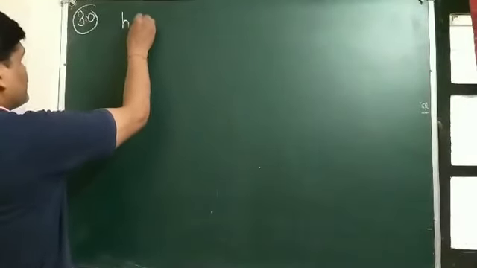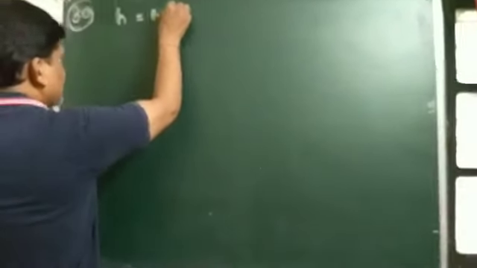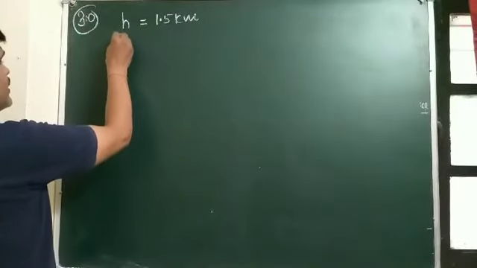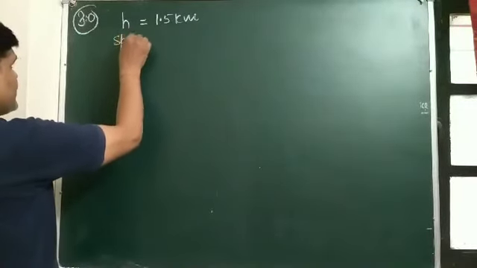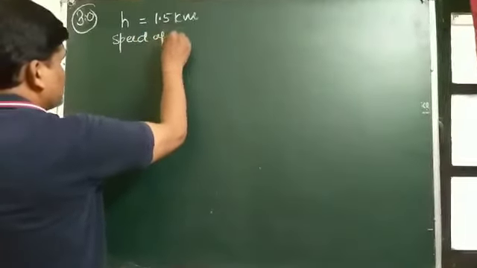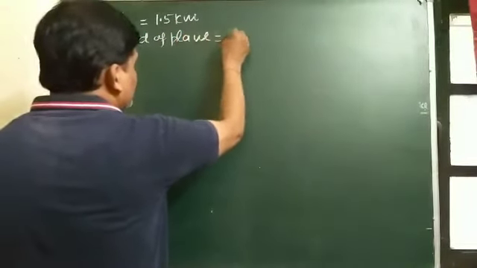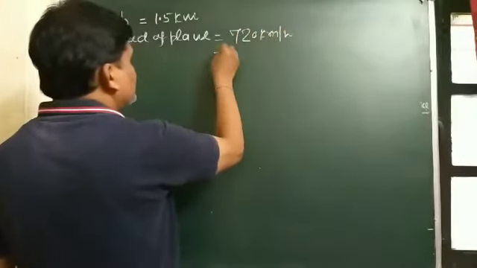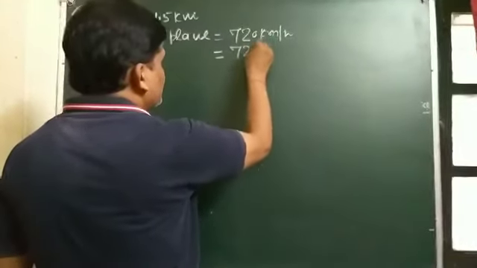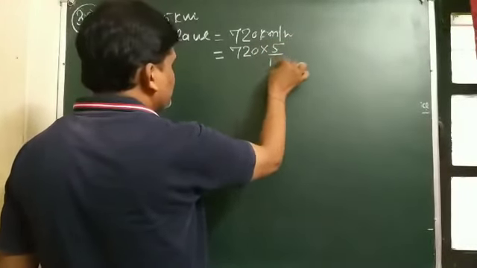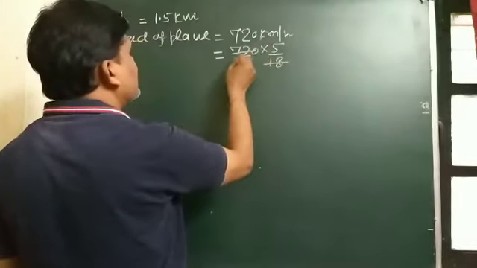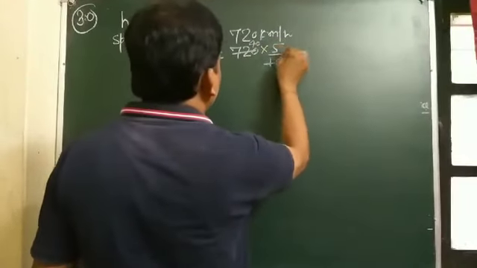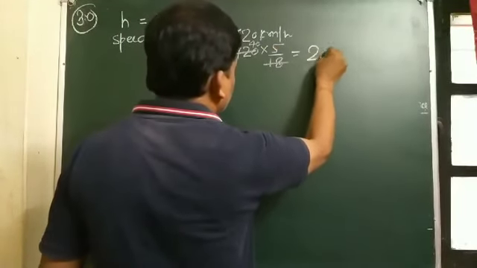The height of the plane from the ground is given as 1.5 kilometer, and the speed of the plane is given as 720 kilometer per hour. It can be changed into meter per second: 720 into 5 by 18, you know that 18 4 ja, and it comes out to be 200 meter per second.